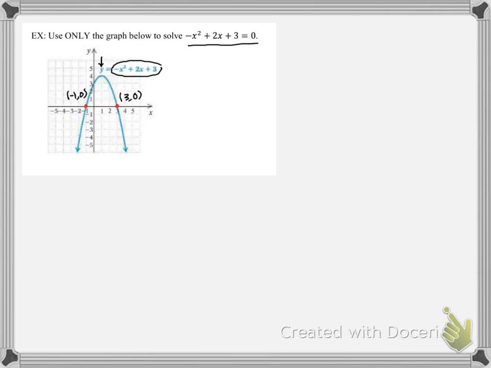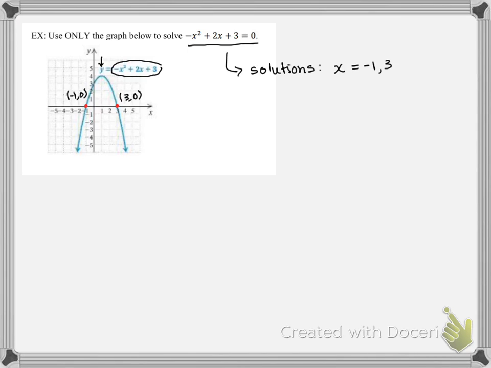But do you guys see how we can use the graph to get the solution to the equation, just like we could use the equation to get the x-intercepts of the graph? So the solutions to this equation are what? -1 and 3.